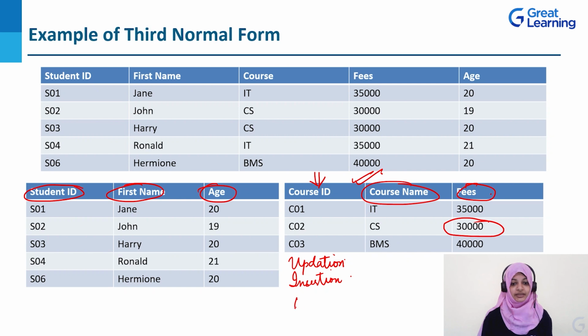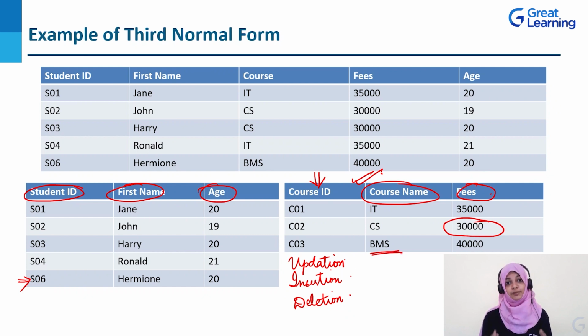Lastly, let's look at the deletion. Suppose, for example, a particular student, S6, has deleted or actually removed their admission from the university. This would lead to deletion of that particular student record from the student table. But that does not mean that just because the student has left the student table, the course would also leave the course table.